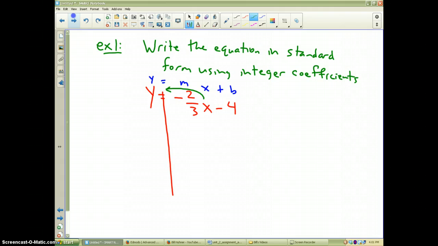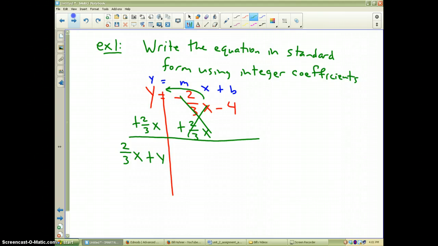It says negative 2/3 x, therefore I'm going to add 2/3 x to both sides. And these will cancel, and if I write this in alphabetical order, I have 2/3 x plus 1y equals negative 4.